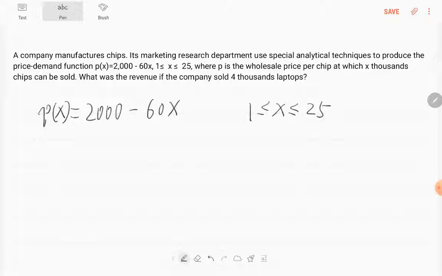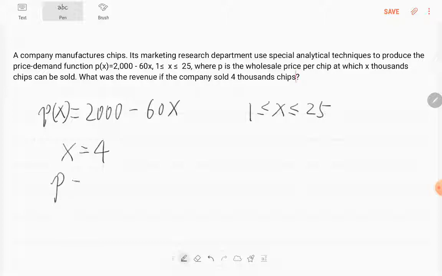So what is the revenue if the company sold 4,000 chips? First we need to know that here x means x thousand chips, so x equals 4. So what is the price?